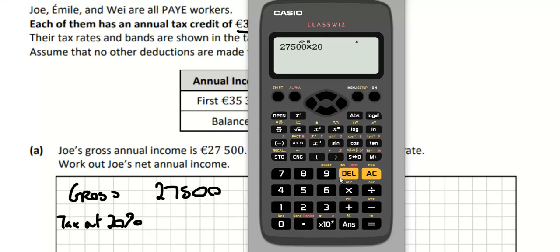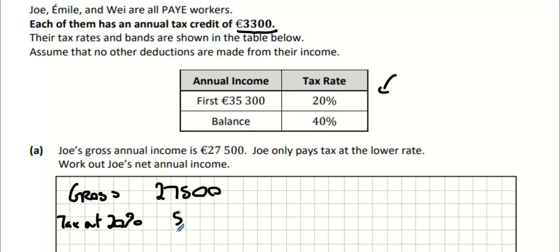Now, where's the percent icon? I always lose track of it. It's above the answer. And that'll get you 5,500. Anything you put in the calculator, generally speaking, goes into your answer.